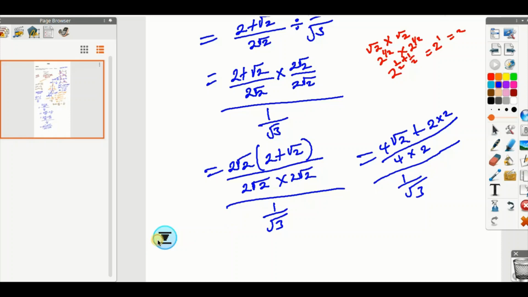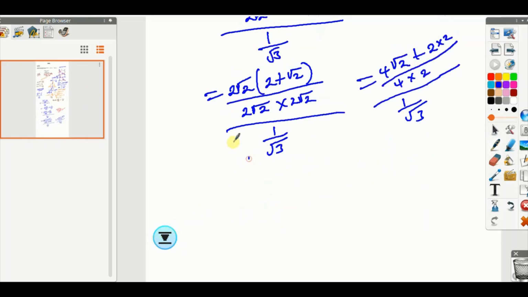So now let's come here. This here will be equal to 4 root 2 plus 2 times 2, that is 4, right, over 4 times 2 will become 8, over 1 over square root of 3, right?